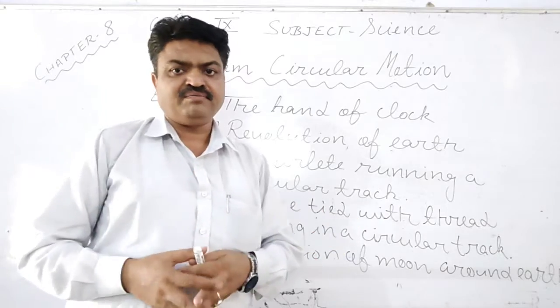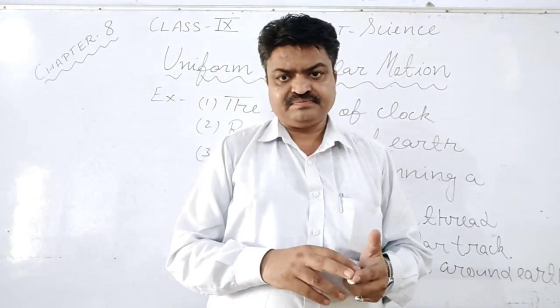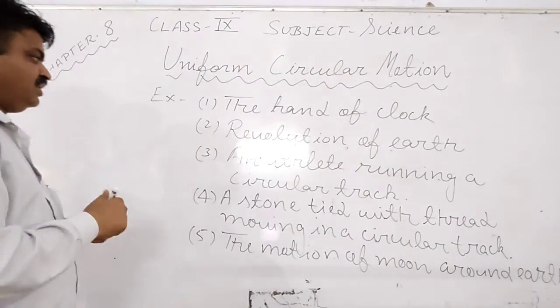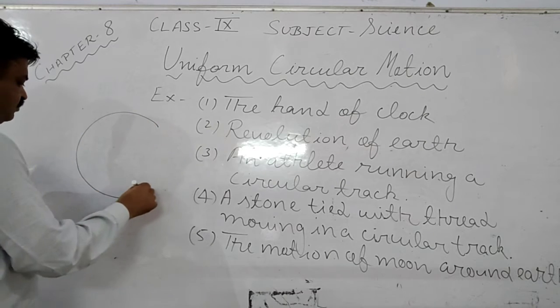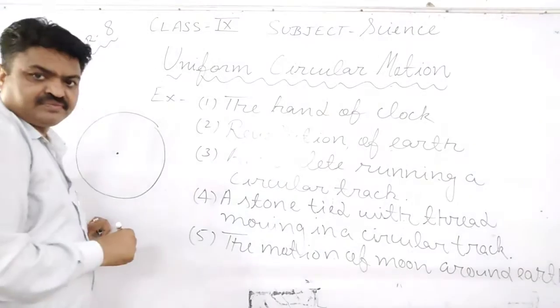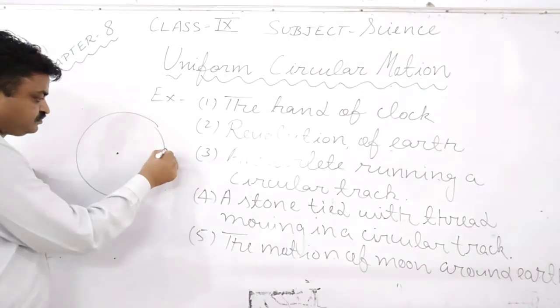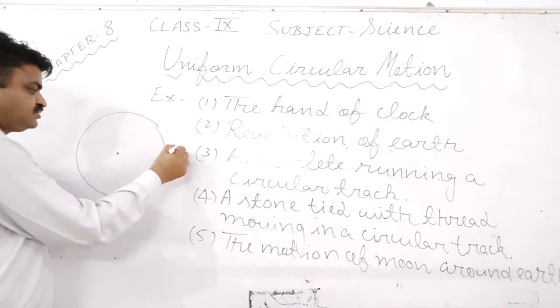Now at the time of uniform circular motion, all objects move in a circular path. Like this is a circular path, this is the center point, and this is the object.